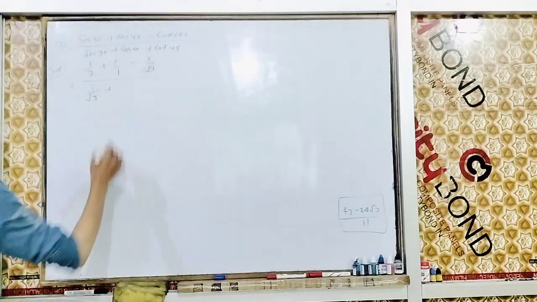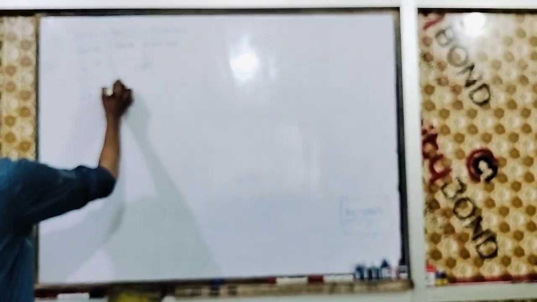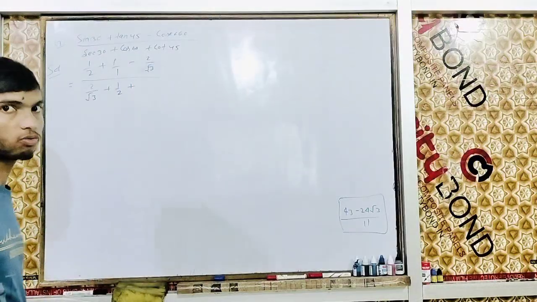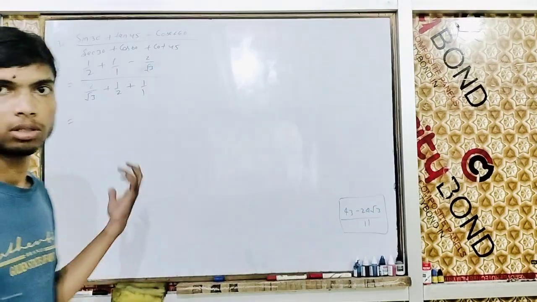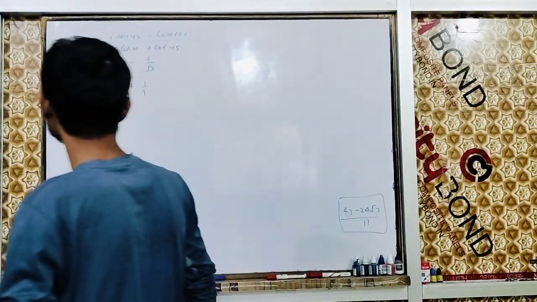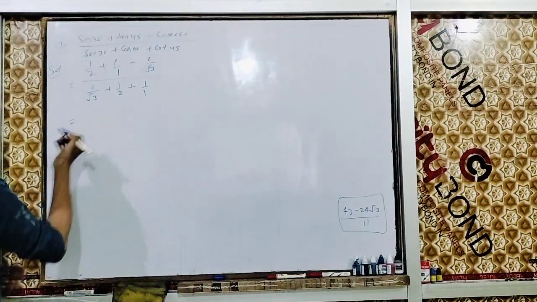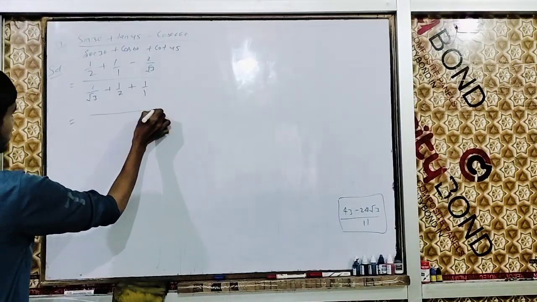And then plus cos 60. This is 1 upon 2. Then cot 45, 1. And now you will have to simplify this further. Here what will happen?